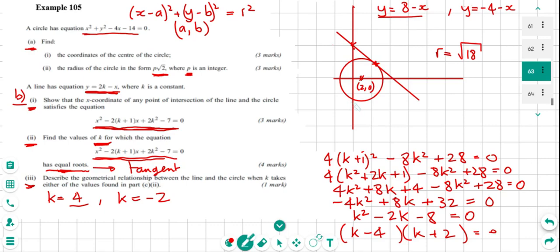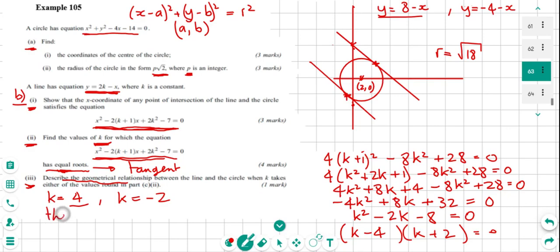So minus 4 would be roughly here, and that would touch the circle once just below it. So that's what our solutions mean. It's saying that we've got a line touching the circle either above once as a tangent or below as a tangent.